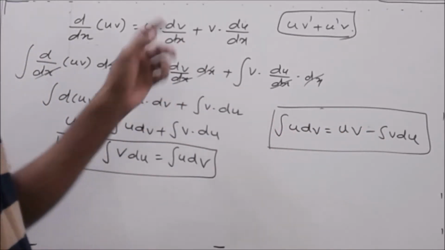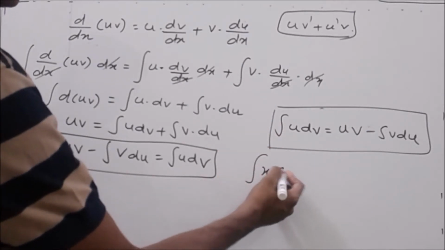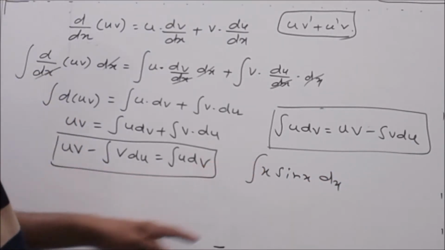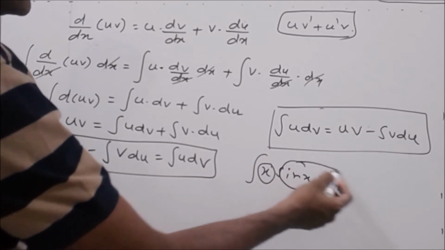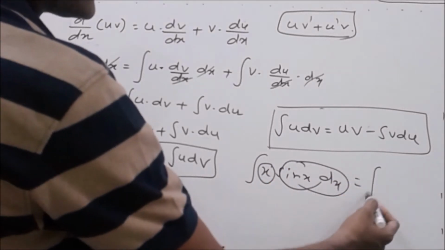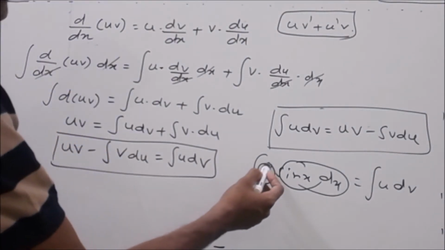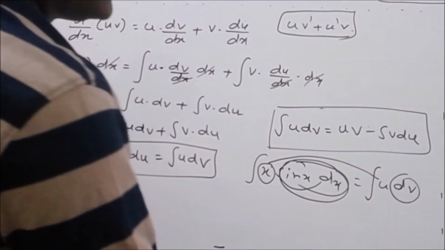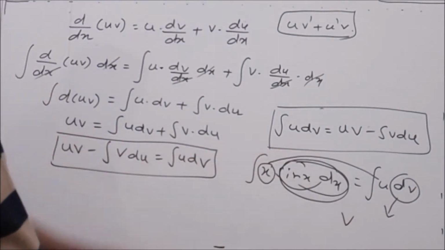In the given function, for example x sin x dx is given. Take one function as u and the remaining as dv. From this dv you will find v, then apply in the formula.